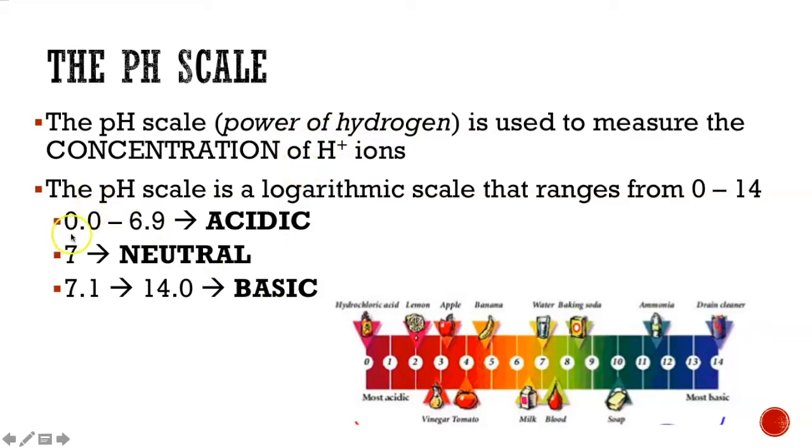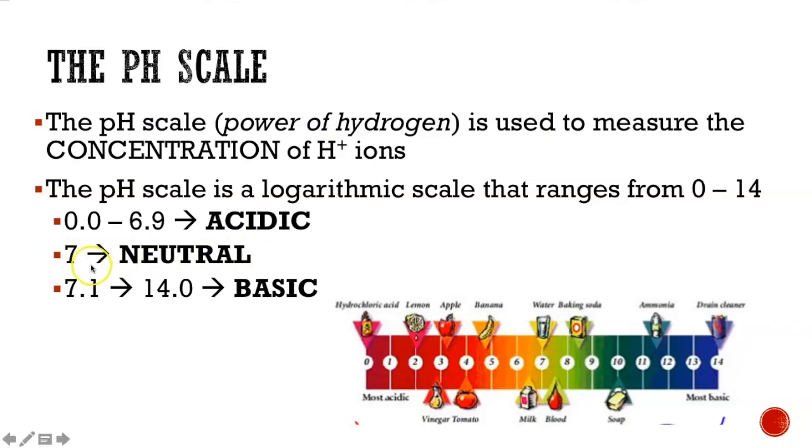So anything from 0.0 to 6.9. If I look at my scale, it starts at 0. If I go all the way up to just before 7 here, everything on this side is acidic. This whole side means that there's more H+ ions than OH- ions in my solution.